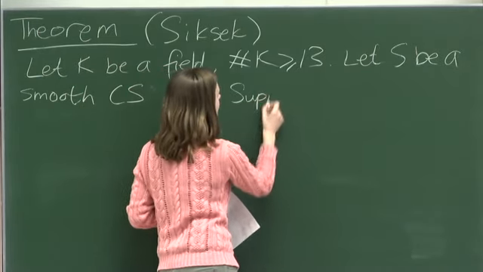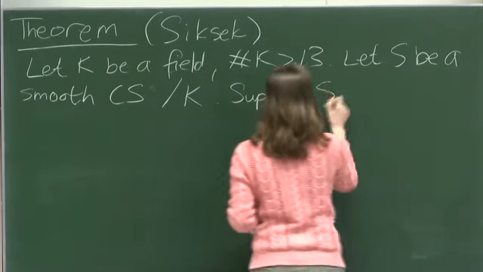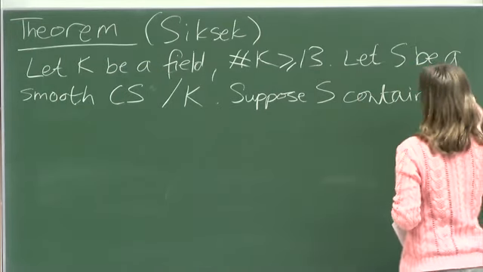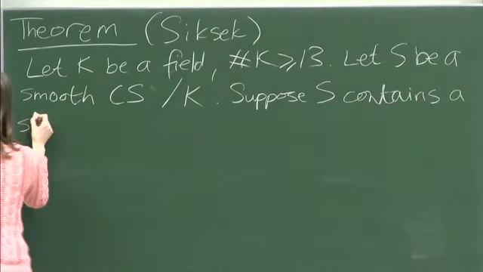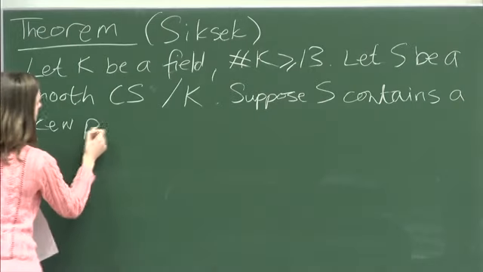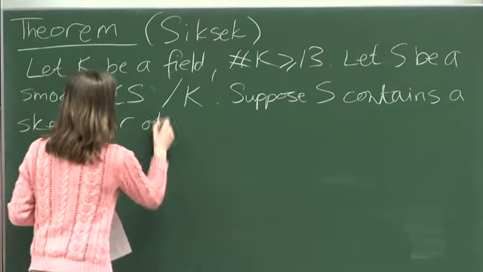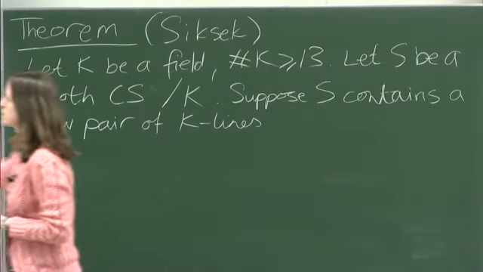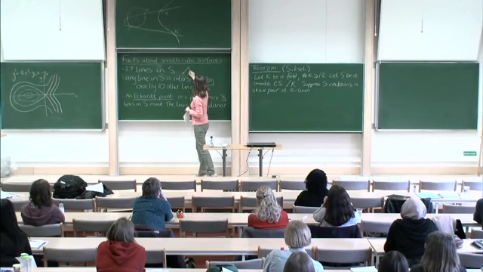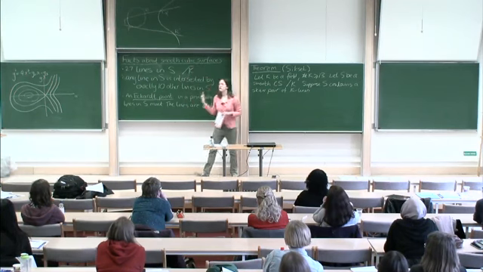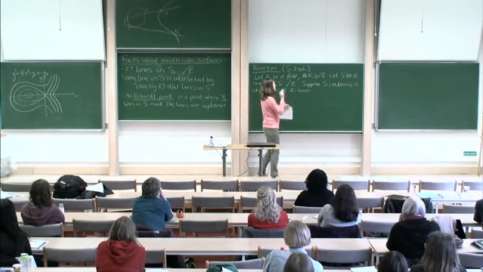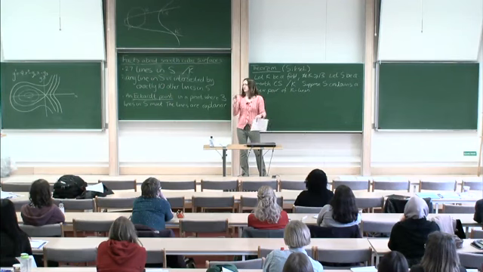Suppose S contains a skew pair of K lines. These 27 lines are defined over the algebraic closure of K, so they might not all actually be in K. So we want a skew pair, and skew means they don't meet each other.